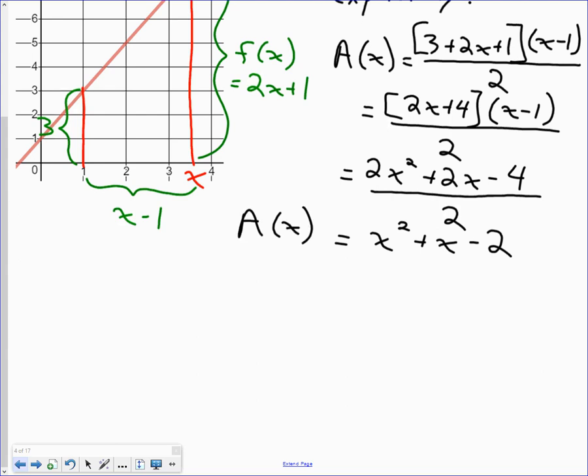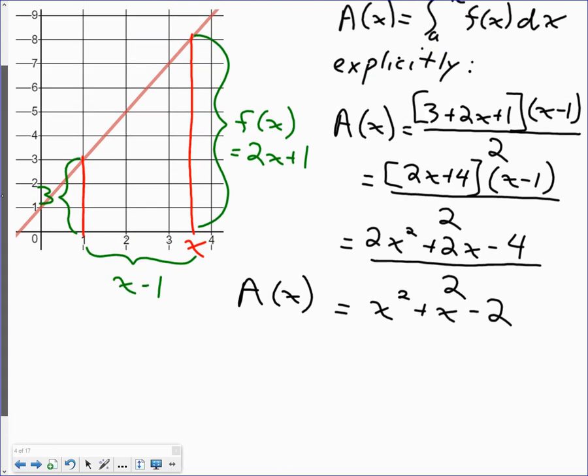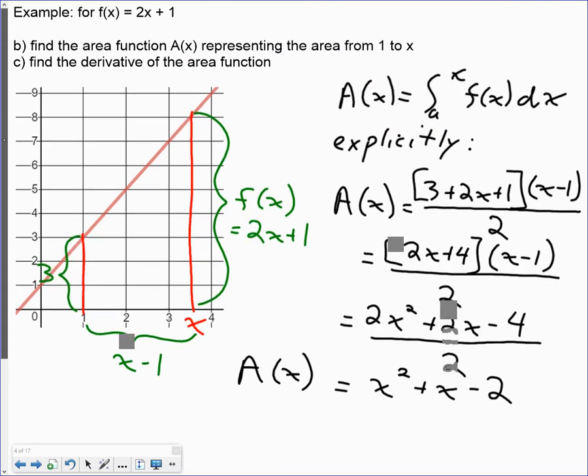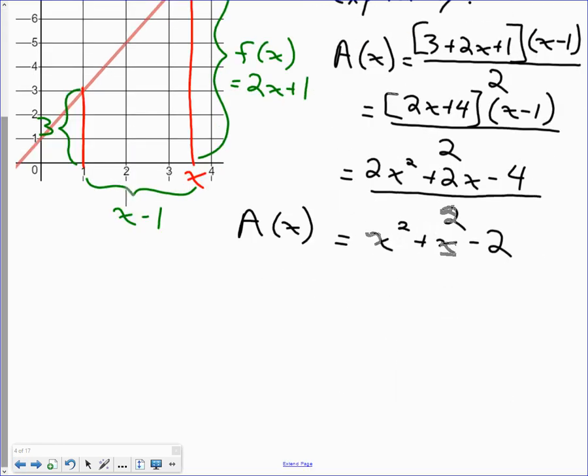So that would be our area function for a function 2x plus 1. And just to make sure that this works, we know that when we sub in x equals 3, we should get 10. So if we sub in 3, we get 9 plus 3 minus 2, which is 10. Okay.